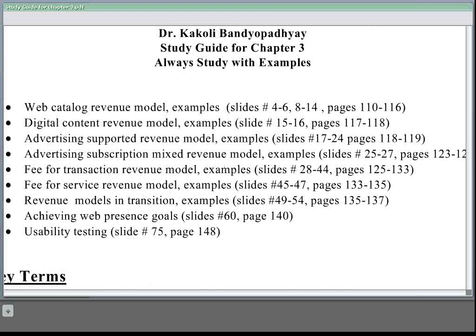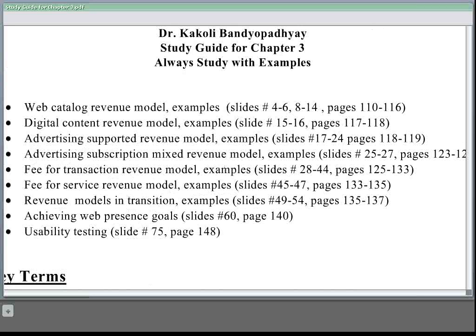Okay, now revenue model, what is meant by a revenue model? All e-commerce companies must have a decision on the revenue model they would be using for their company. So what is a revenue model?